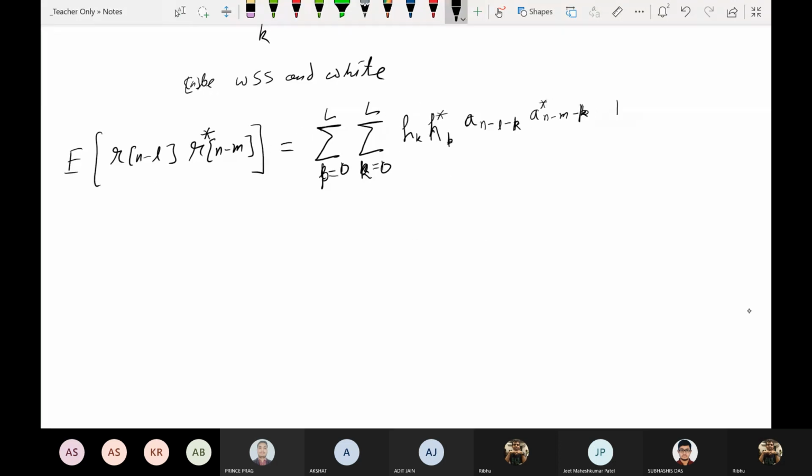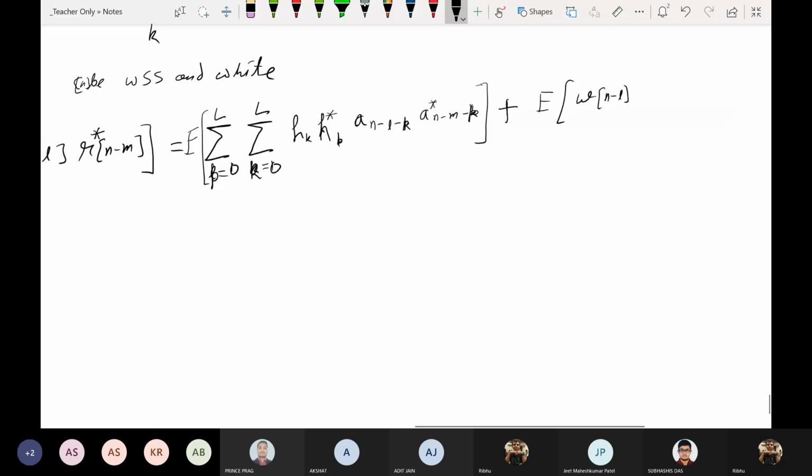Plus, and an expectation over here, plus, since the noise is uncorrelated with the signal, this will be simply, I'll skip the noise terms, right?